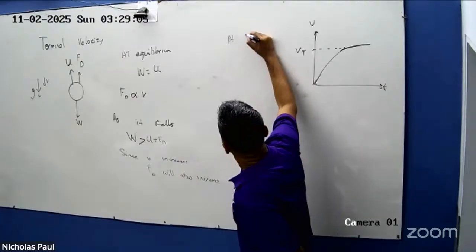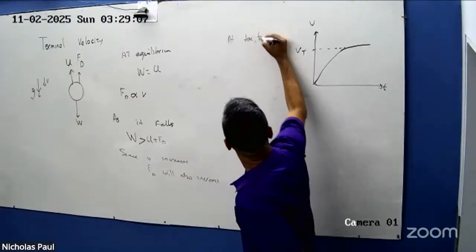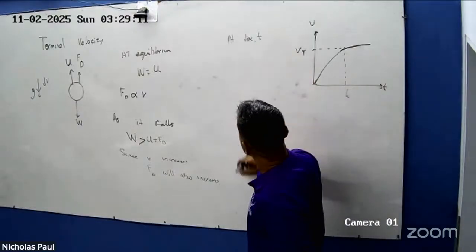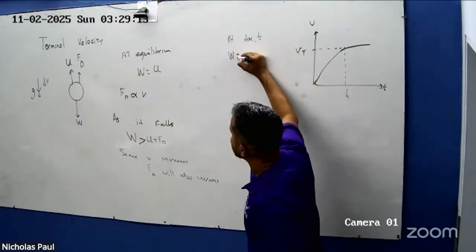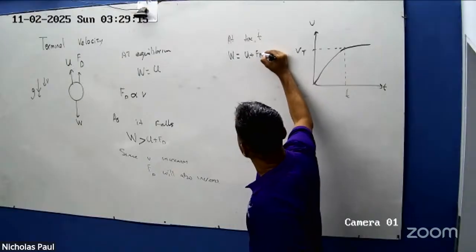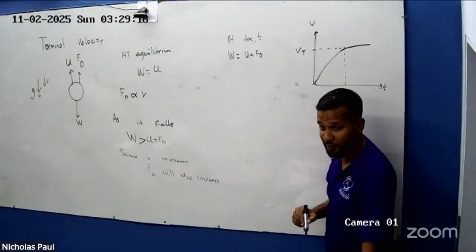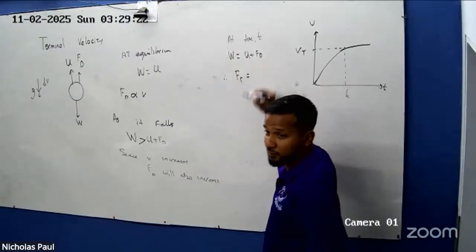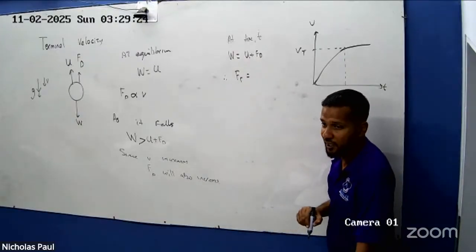So at time t, here's what's happening. Weight is equal to the upthrust plus the drag force. That's okay. Therefore, the resultant force is what?